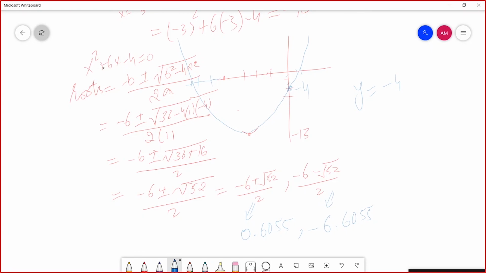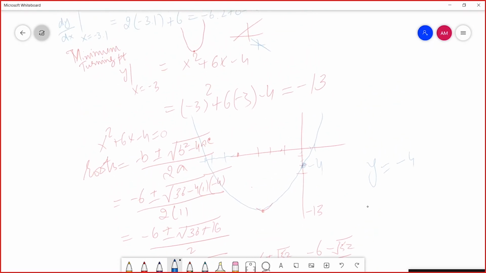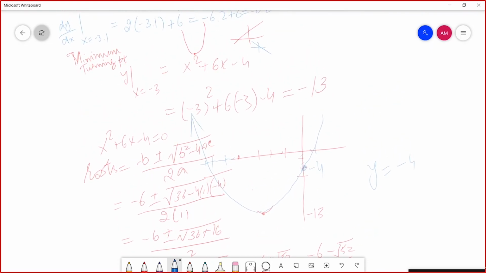We put x equal to 0 because we want the y-intercept, and it has only one y-intercept, -4. So we are able to draw this, and it goes like this. We had just the equation, and we are able to find the parabola and plot it. Does it make sense to you?